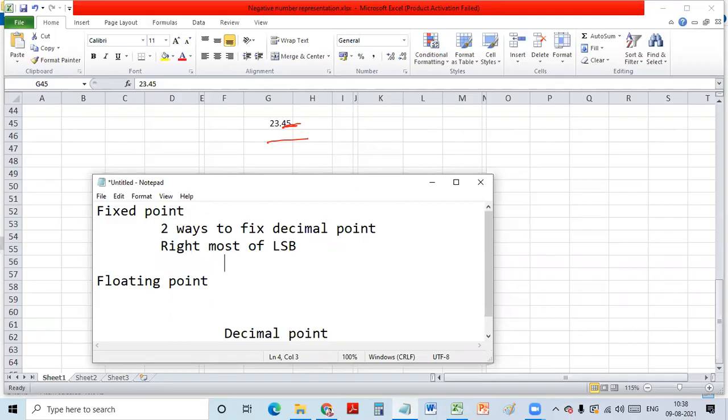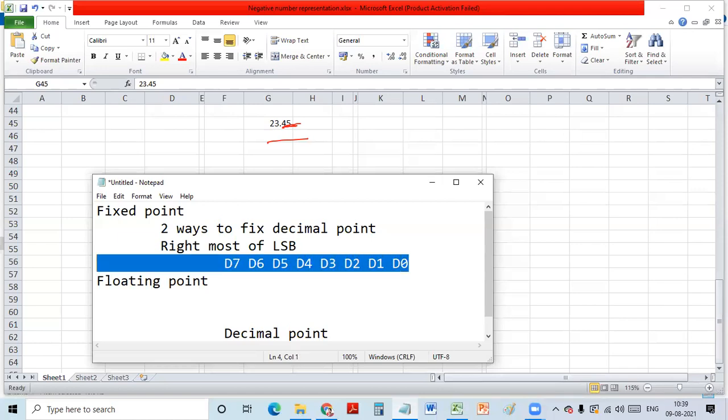For example, if my number is an 8-bit number, I will have data bits ranging from D0 to D7. D7 is the most significant bit, then the successive bits D6, D5, D4, D3, D2, D1 and D0. These are the 8 bits of a particular number.